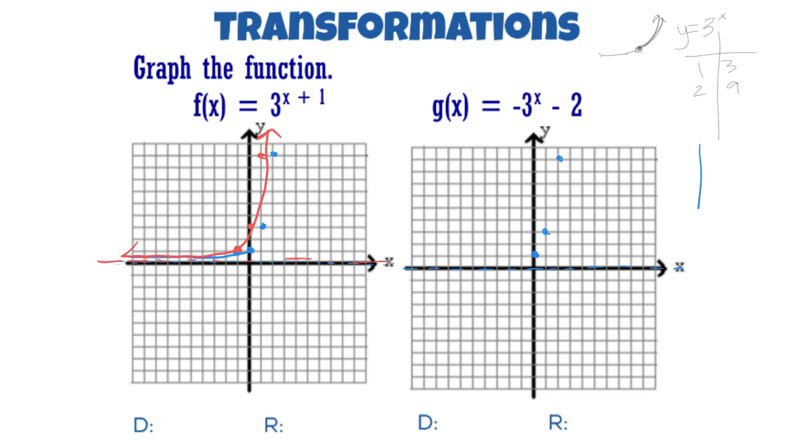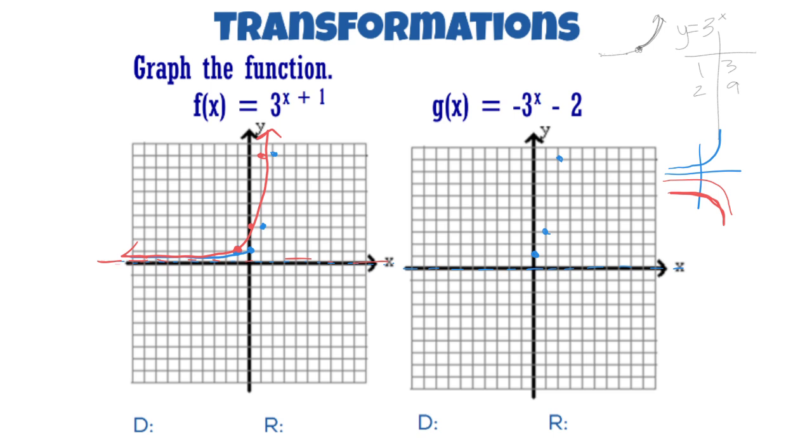Now, again, I like to think about what my end result is going to look like. If this is the parent graph I'm dealing with, what is going to happen? Well, it's going to vertically reflect, and it's going to go down 2. A vertical reflection is like this, but then it's going to go down 2. So this one right here is the one I think I'm going to have for my final result.